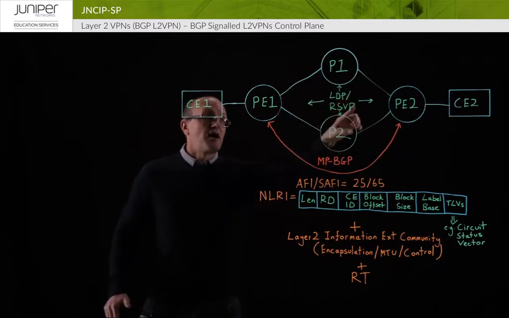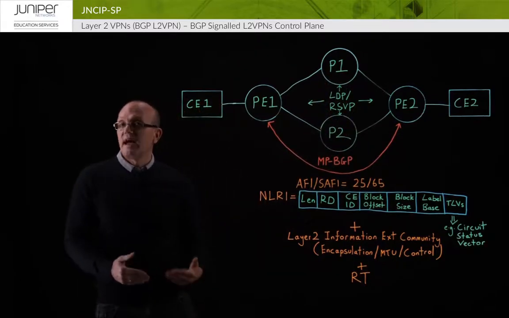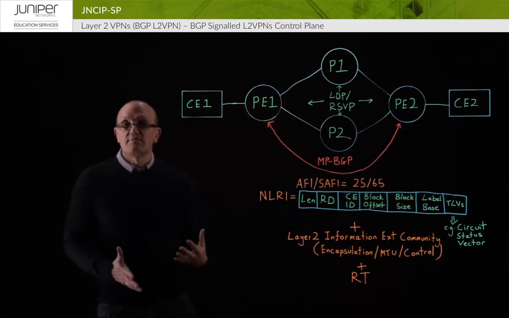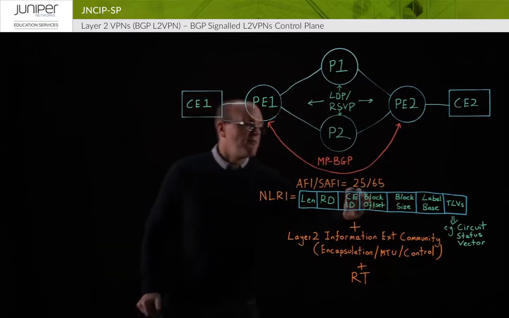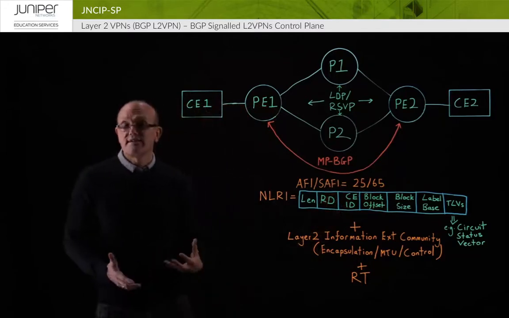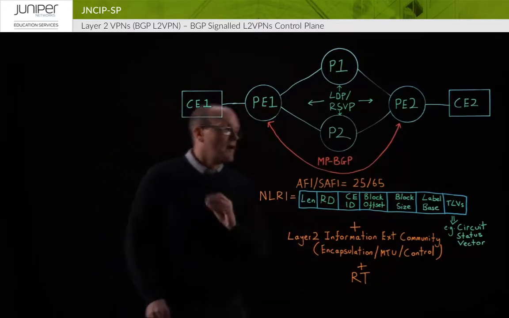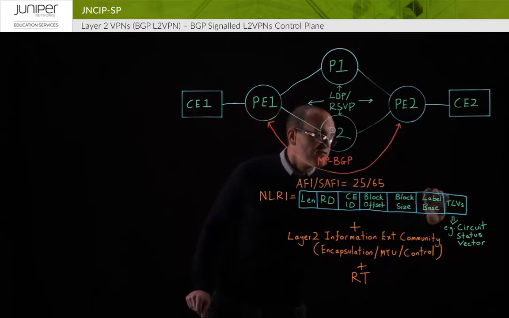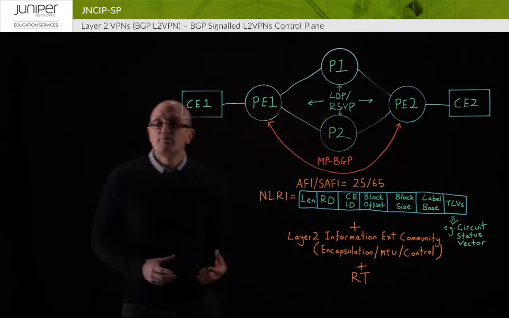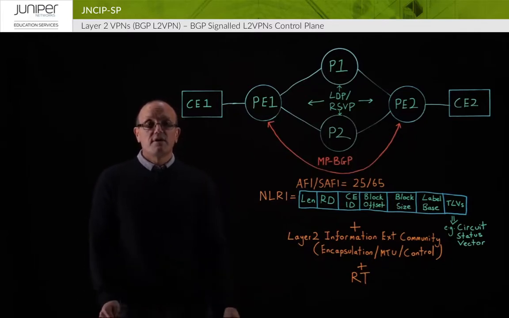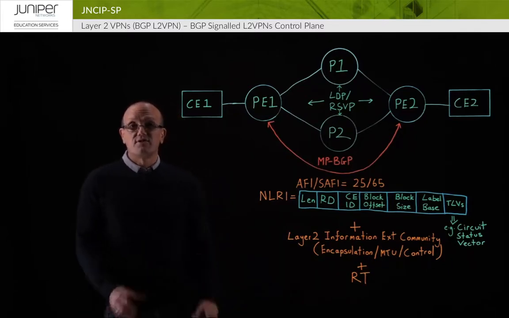Remember, LDP and RSVP will be signaling the outer label, and these are referring to the inner label. We'll discuss how these values are used to generate that transmit and receive label in a later video. And then finally, we have additional optional TLVs, type length values, and we can encode additional information here.